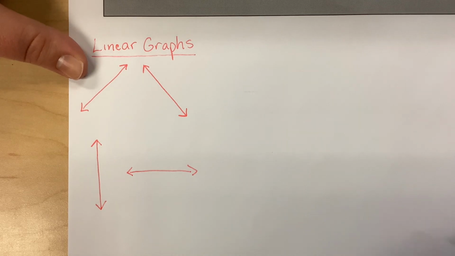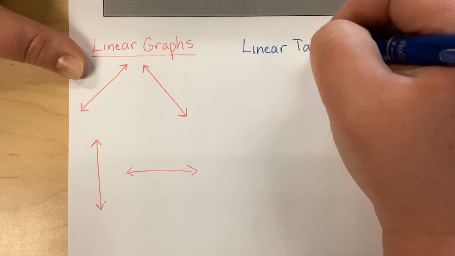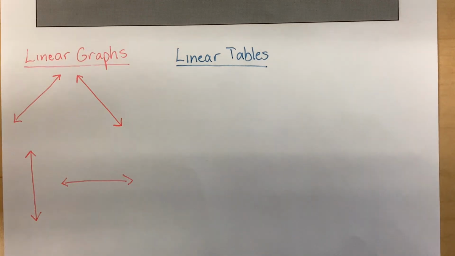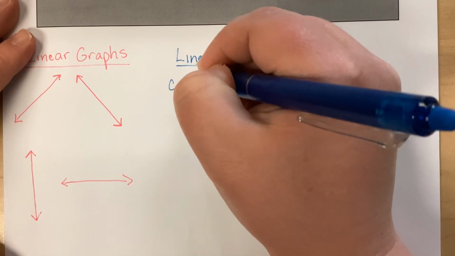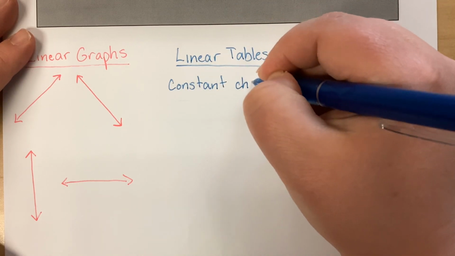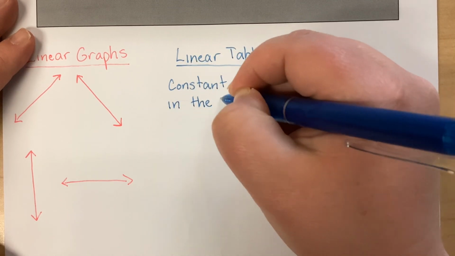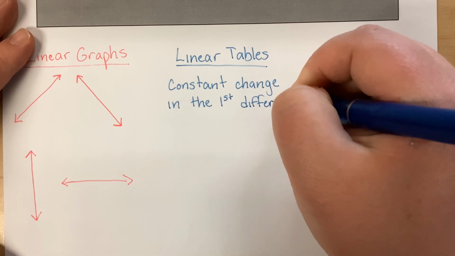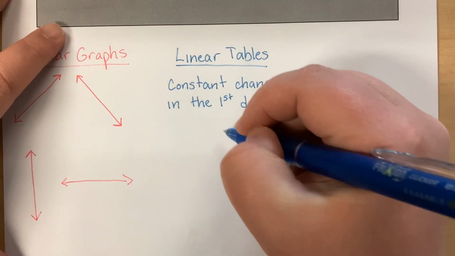Now, when it comes to linear tables, the key here is that there is a constant rate of change in what is called the first difference. Now, that first difference, those two words together, might be new for you.